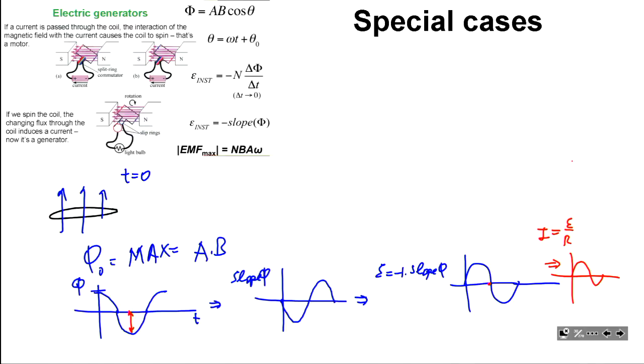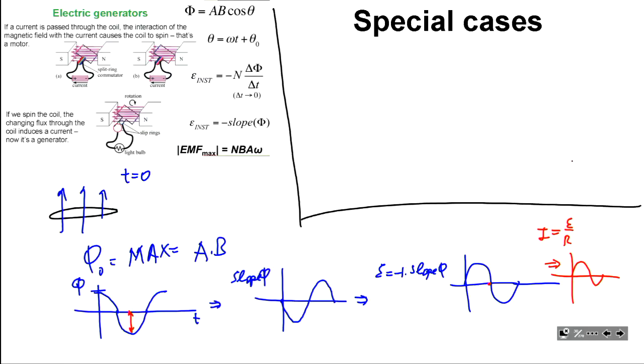A second special case, all right, let's designate some area for that. Let's say the magnetic field points like this, but the loop is initially parallel to the magnetic field lines. What does it mean? It means that now, at t equals 0, the initial flux is 0.